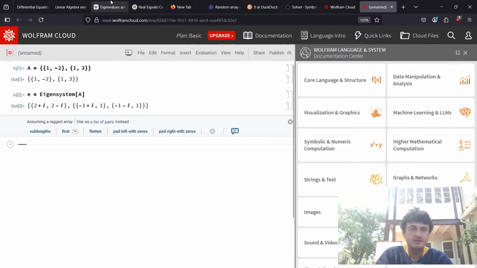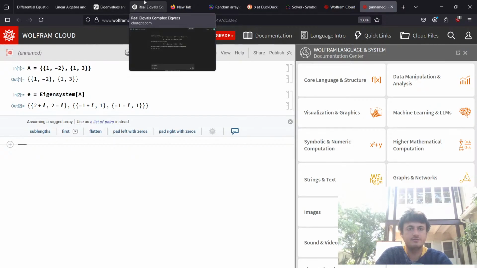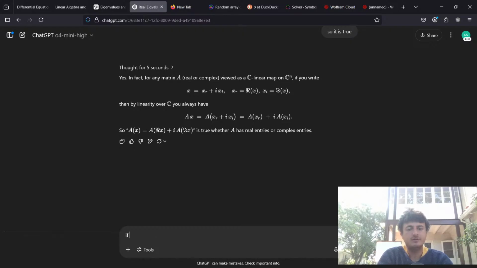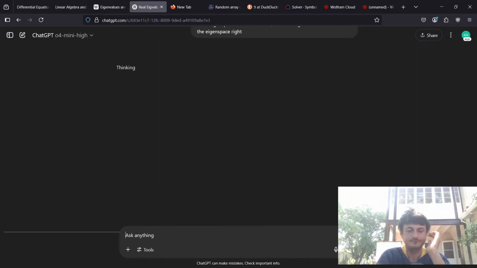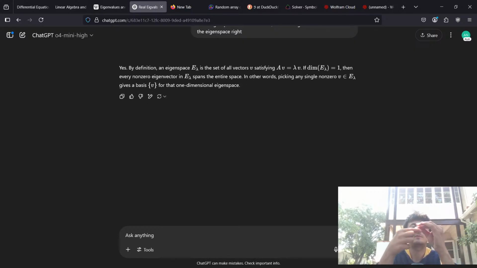Wait, is the... Okay, wait, hold on. Let me just do this. If the space does have dimension 1, then the eigenvector is the basis of the eigenspace, right? Whoa.